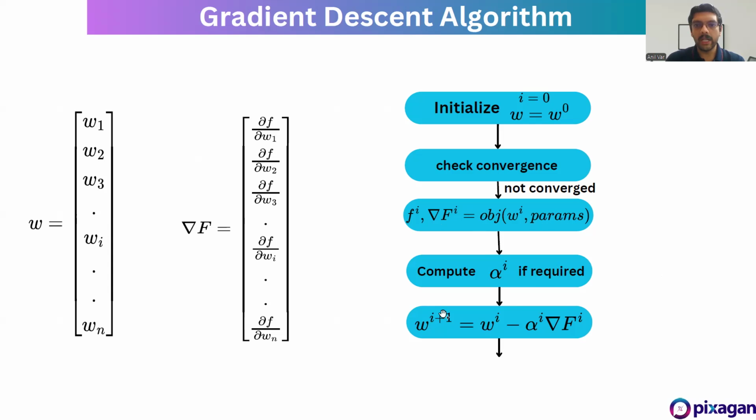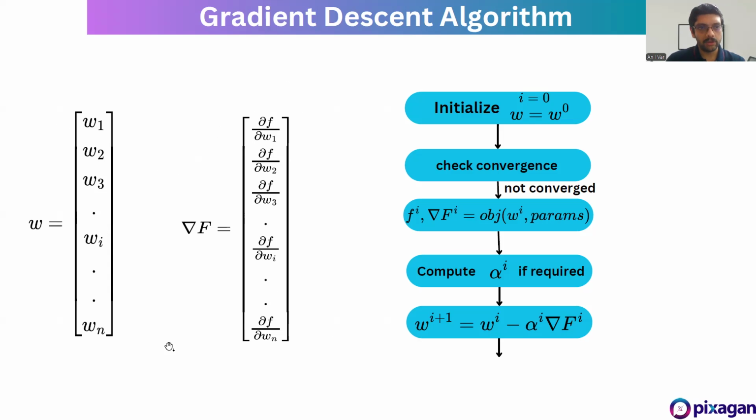And then what you do, the simple algorithm, now the only difference is W is this entire column matrix or vector, and the gradient del F is this column vector as well. And you take Wi at that point, subtract alpha i times the gradient, right? Which is basically subtracting Wi minus alpha times this term, W2 minus alpha times this term, and so on.